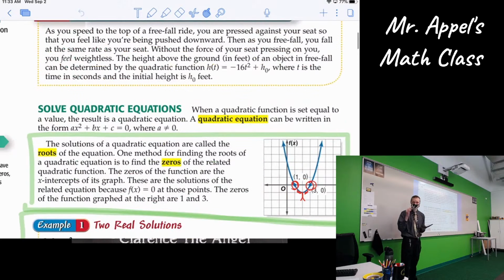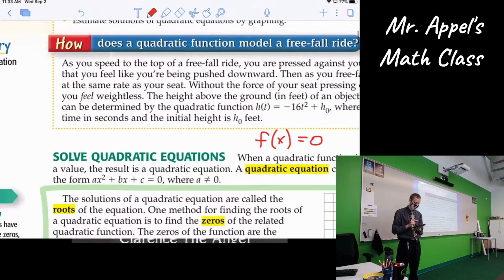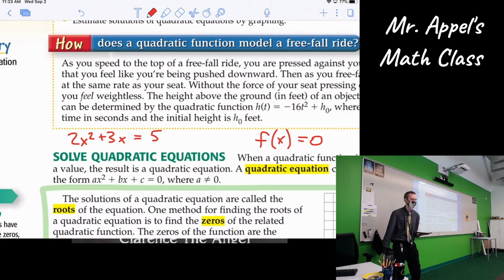So when you're asked, hey, solve this quadratic equation, first you got to make sure that your function is equal to 0. Every once in a while, they'll try to trick you and be like, hey, solve this. And you'll be like, oh shoot, it doesn't equal 0. What am I going to do?